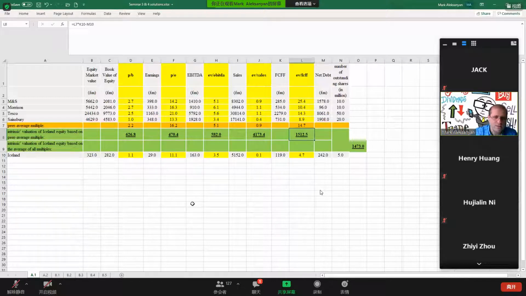it doesn't clear the issue that this method could still generate vastly different results. Imagine if our company's current value wasn't 323, but let's say it was 700.